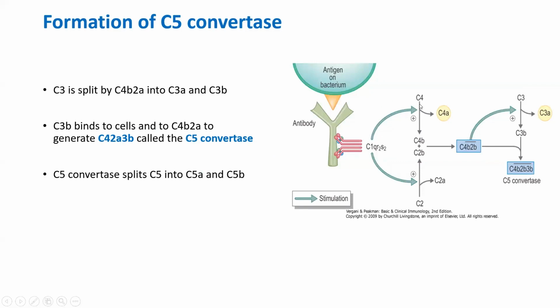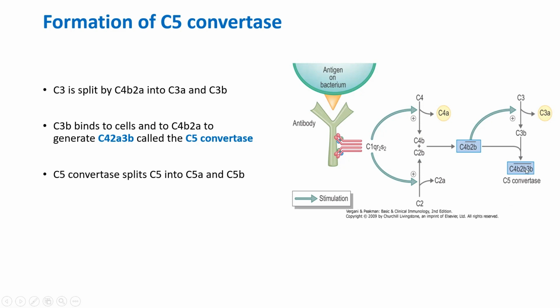If we go back to what we said, we started with the C1QRS, which cleaved C4 into C4a and C4b. So we had C4b here, and then it cleaved C2 into C2a and C2b. So C4b and C2a came together to form C4b2a, and this leads to formation of a convertase, which breaks down C3 into C3b and C3a, and then C3b is taken up.